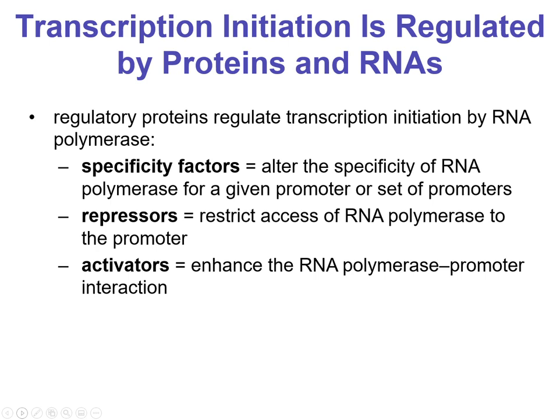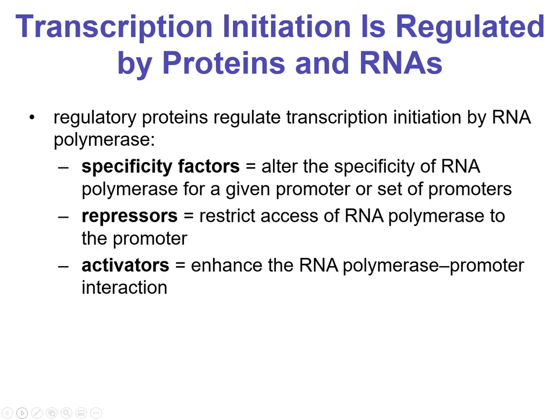So transcription initiation is also regulated by proteins and RNAs outside of the RNA polymerase. Some of these are specificity factors, which we talked about with bacteria when we covered RNA metabolism. And there's the sigma 70 that is responsible for guiding the RNA polymerase to the promoter in bacteria.